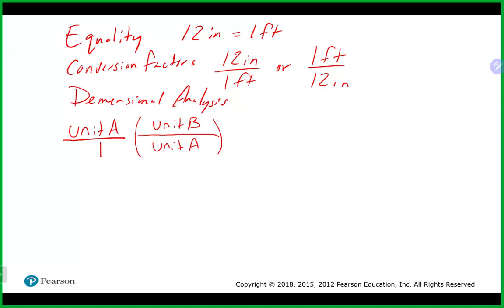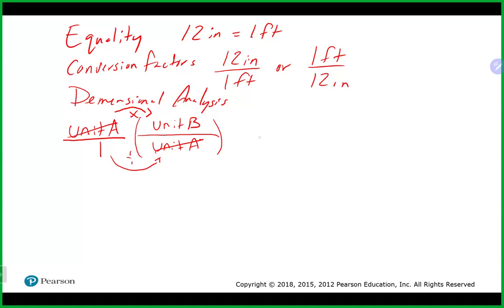Mathematically, anything up on top gets multiplied, and anything on the bottom gets divided. Because opposites cancel, all you have to remember is to put things in opposite locations. When we divide unit A by unit A, it becomes 1 and cancels out.